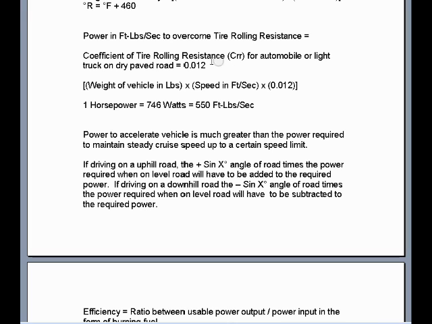For automobiles and light trucks on dry paved road, that would translate to a coefficient of rolling resistance of 0.012. When multiplied out, the foot-pounds per second power required to overcome tire rolling resistance will be known, which is then divided by 550 foot-pounds per second, which equals 1 horsepower.